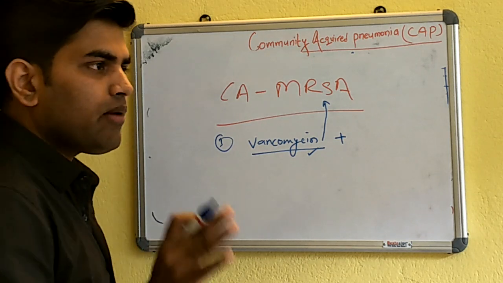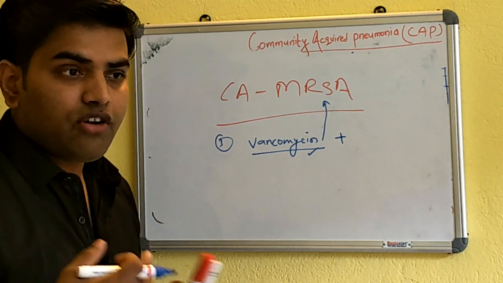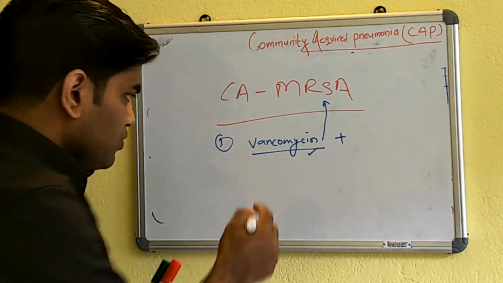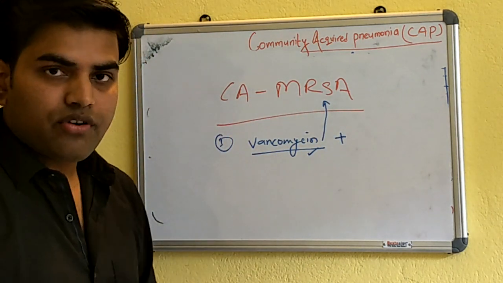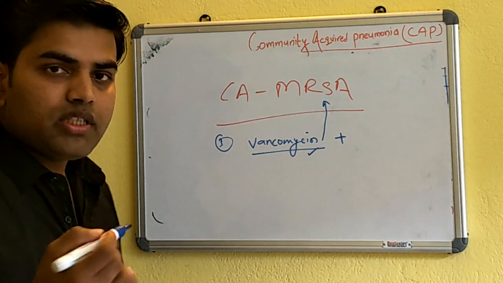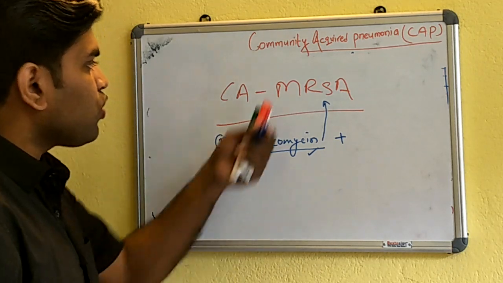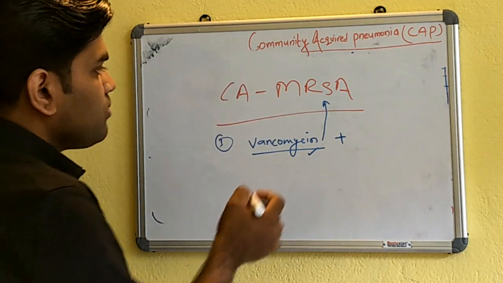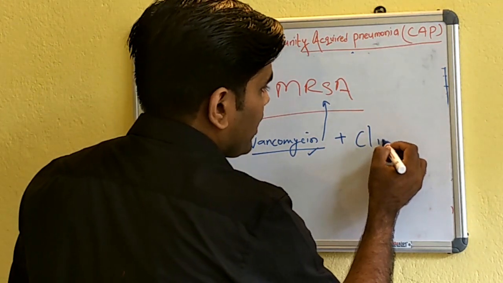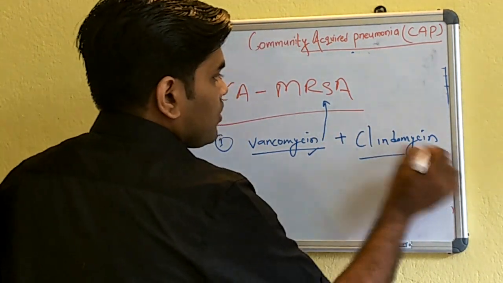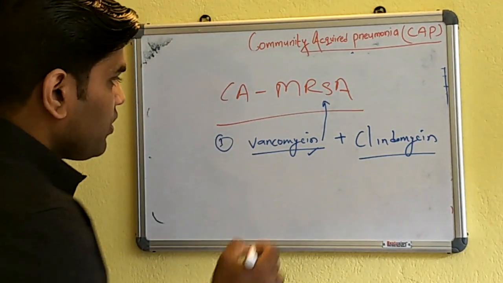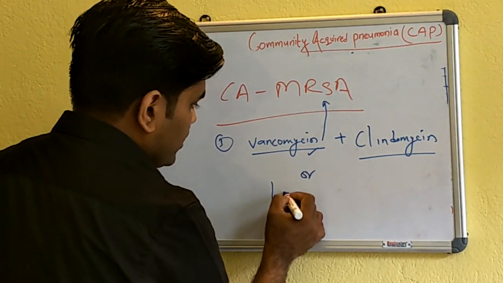The Staph aureus becomes virulent because it is itself a virulent organism and will be killed by vancomycin, but vancomycin does not inhibit the toxin production. So for toxin production inhibition, you can use clindamycin, or you can directly go for linezolid.